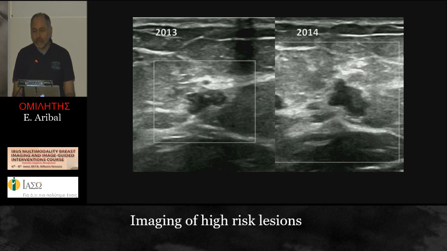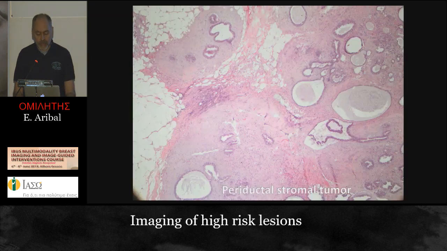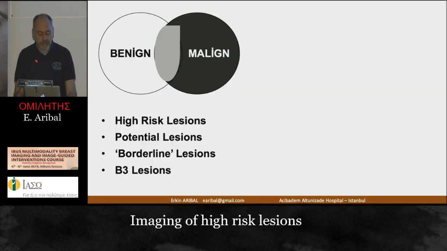So she came to me for a second opinion, and I asked for her pathological slides and consulted my pathologist, and she said that it was a very highly cellular lesion, other than fibroadenoma. It was not a fibroadenoma, so we preferred to excise it. And the final diagnosis was periductal stromal tumor, so it was very different from the first diagnosis.